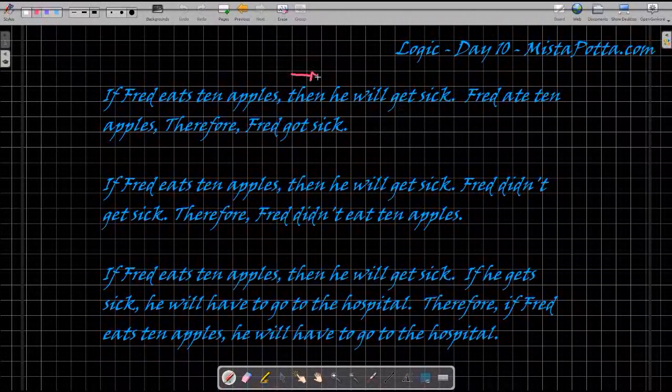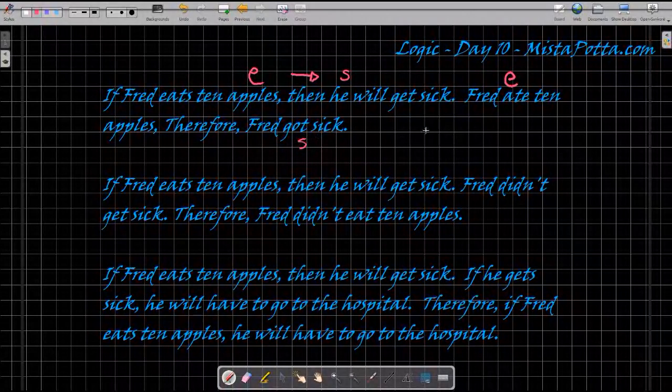So I've got a conditional. Fred eats 10 apples, and he gets sick. Fred ate 10 apples, so that's E, because he's eating them. Therefore, Fred got sick.